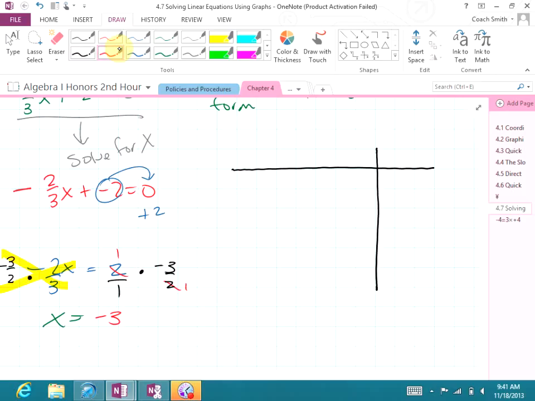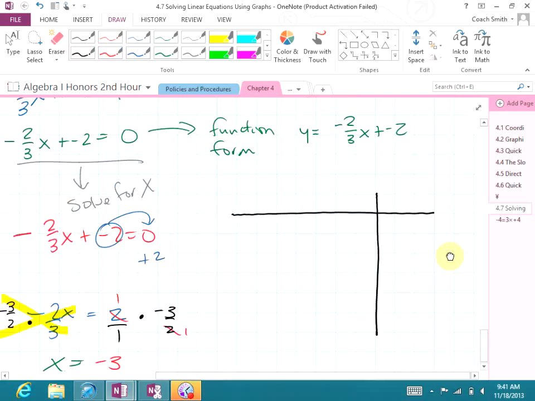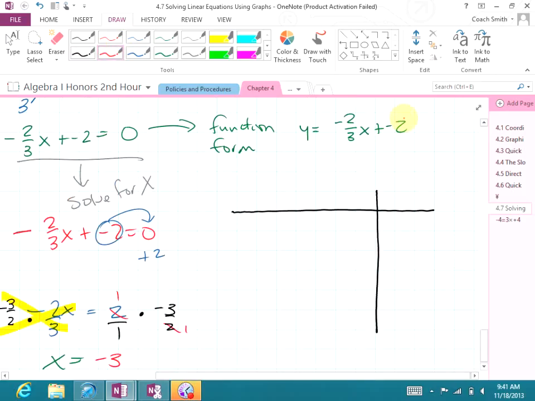So my function form says that my y-intercept is negative 2. So negative 2 is right here. Okay, that is 0, negative 2. And that is the y-intercept.